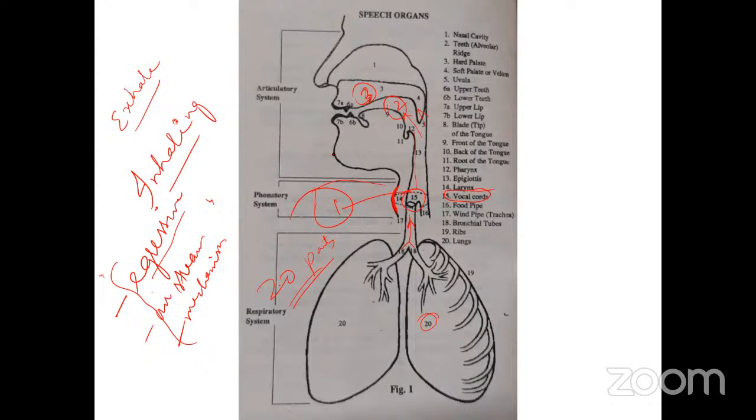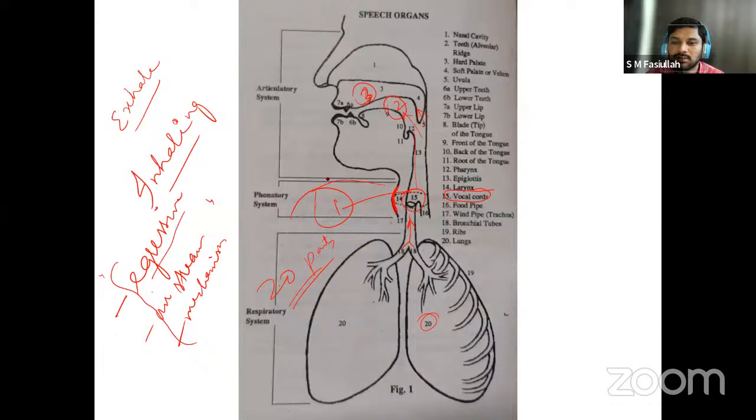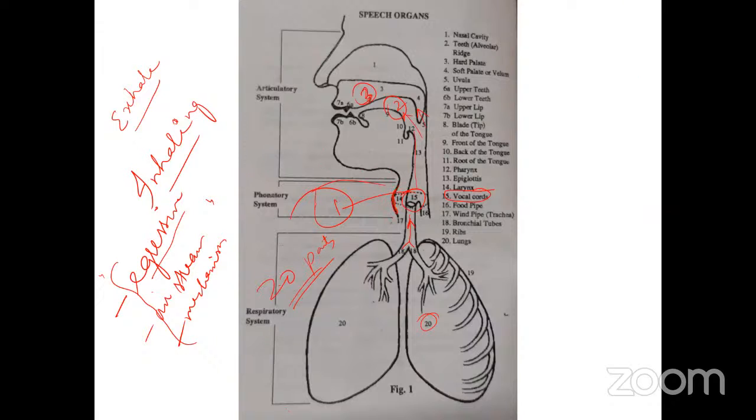And that is where the sound box is. That is the exact location where, inside or near our windpipe, you have this particular sound box, the vocal cords.